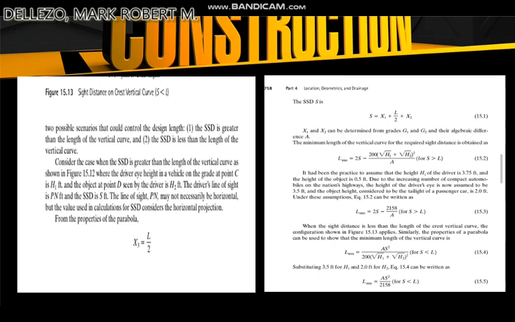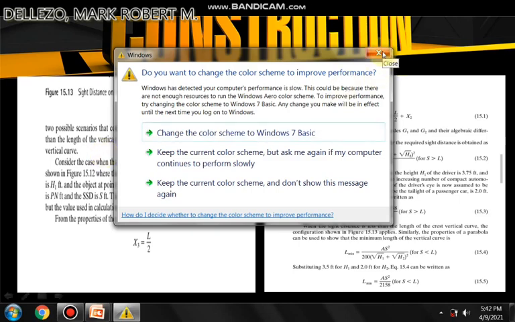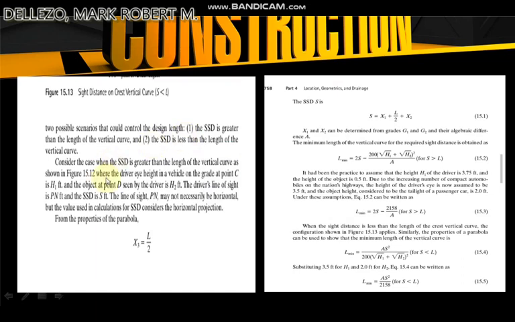Consider the case when the SSD is greater than the length of the vertical curve, as shown in figure 15.12, where the driver's eye height in a vehicle on the grade at point C is h1 feet, and the height of the object at point G sensed by the driver is h2 feet.